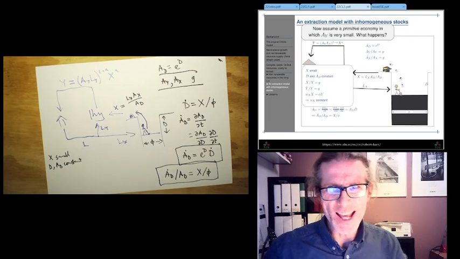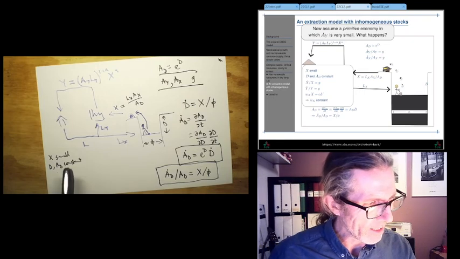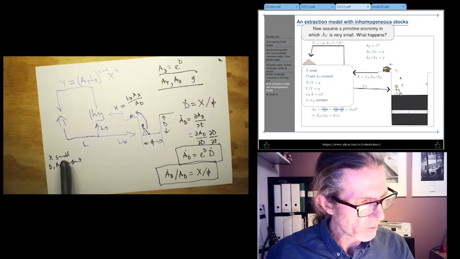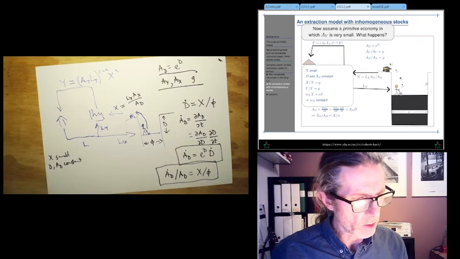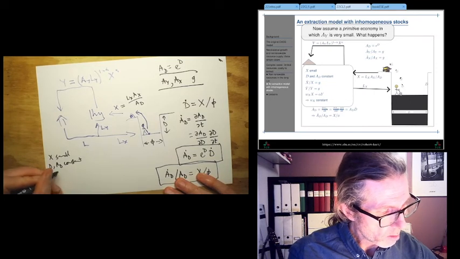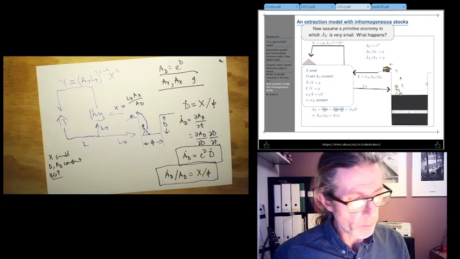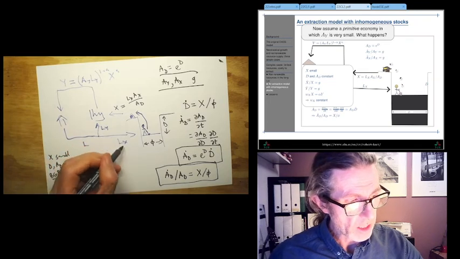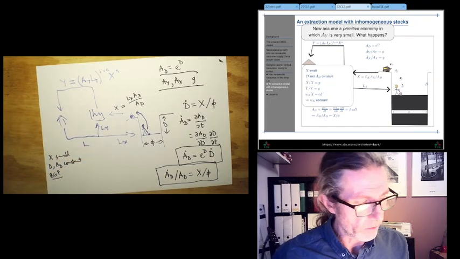Where were we? Primitive economy, AY and AX are small, so X is small, D and AD are constant. Now I think what we're just going to do is assume that we're on a balanced growth path. So LX and LY are each constant.